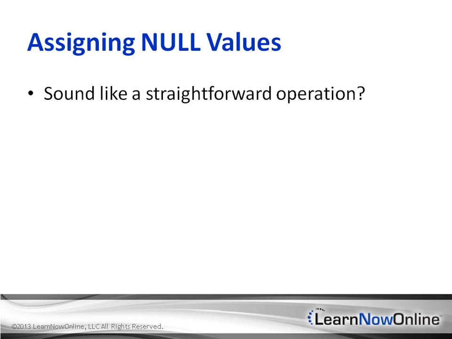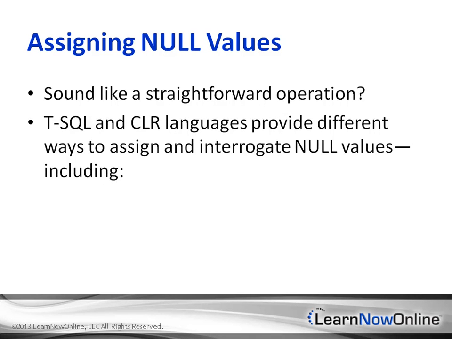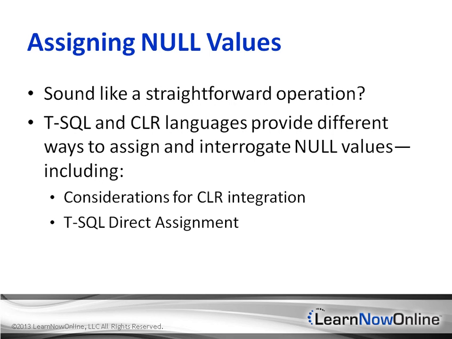So if we want to assign null values, you'd think that'd be a pretty straightforward operation. But T-SQL and CLR languages provide different ways to assign and interrogate null values, including considerations for CLR integration, T-SQL direct assignment, NULLIF, and COALESCE, two SQL functions.